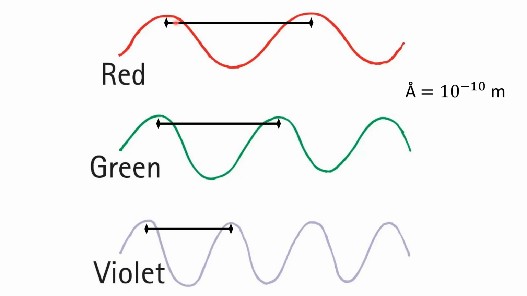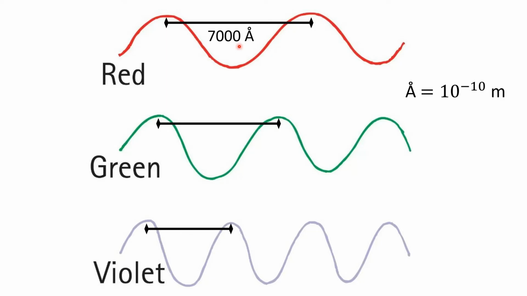The wavelength for red light is about 7,000 angstroms, meaning it's about 7,000 times longer than the diameter of an atom. That means it's really, really big compared to a single atom.